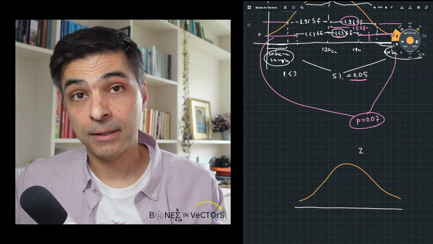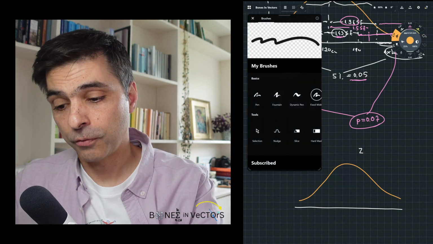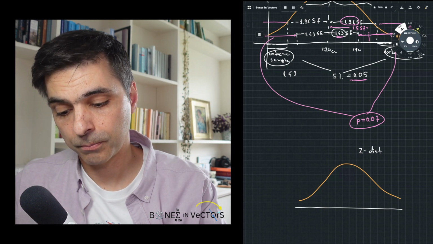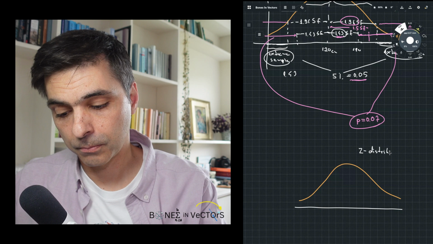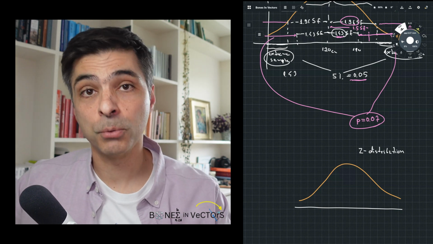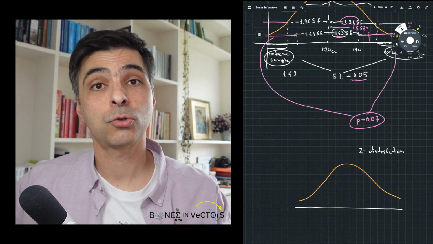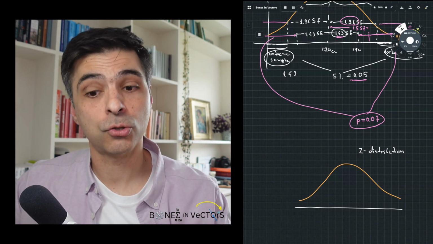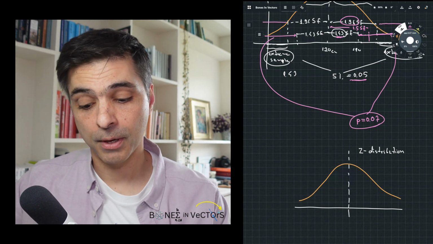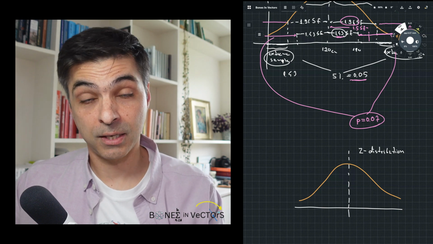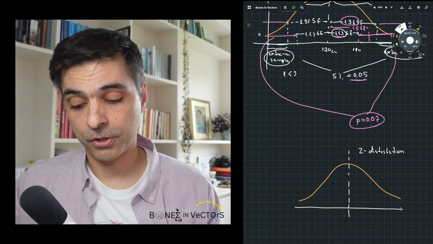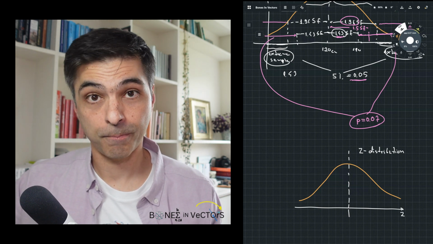Now, I can tell you that this kind of graph is called the z distribution, and it is a normal distribution. In other words, it has all the properties of normal distributions. For example, it has a line of symmetry that would cut the values of z into two halves.